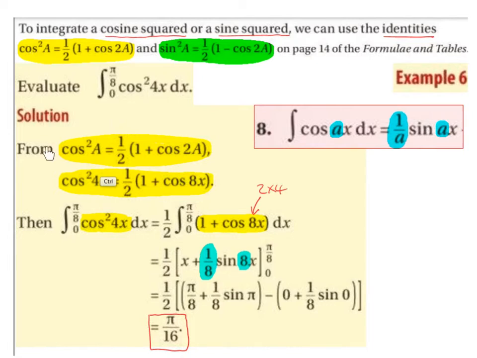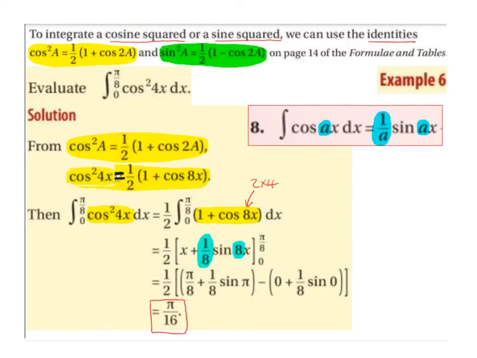From our identity, cos squared 4x equals a half times 1 plus cos 8x. Since a is 4, and here we have 2a, 2 times 4 is 8, so that's where the 8x comes from.